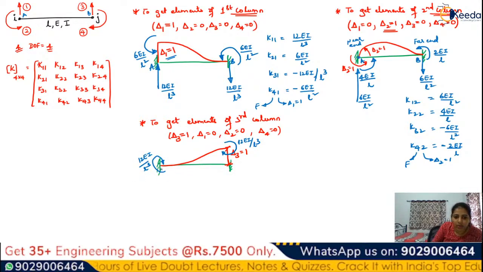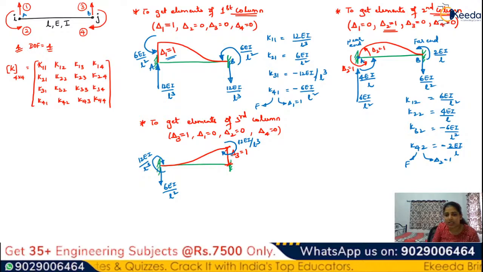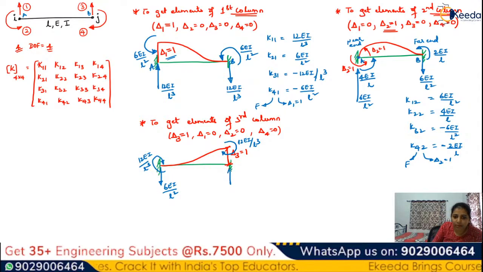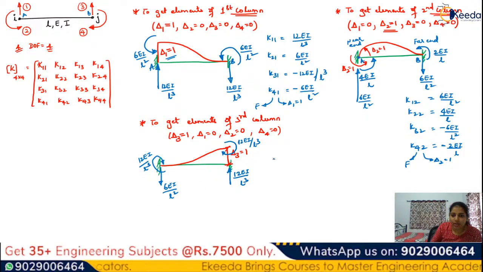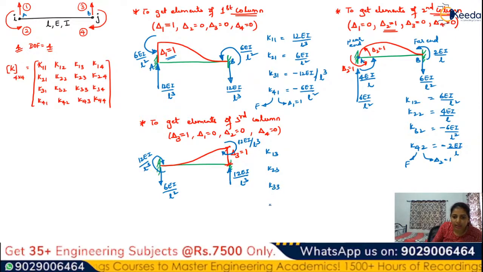And the reactions: here we have to get it down, so 6EI by L square. See, if there is a vertical displacement, these are standard values. Here you have to lift it up, so it is 12EI by L cube, right? So if I want to write the elements, K13, K23, K33 and K43, right?